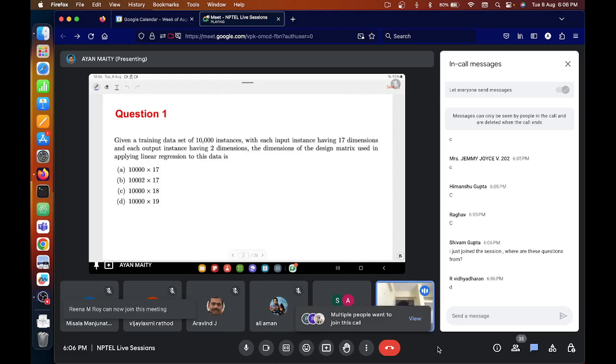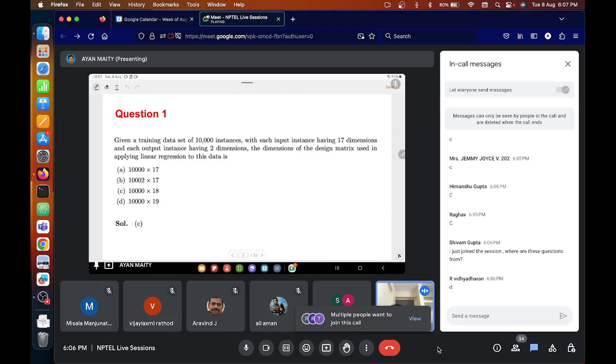So I got one answer, D by Vidyasaran. D is 10,000 into 19. Okay. All other answers are C. So the correct answer here is actually C. So most of you have answered it right.